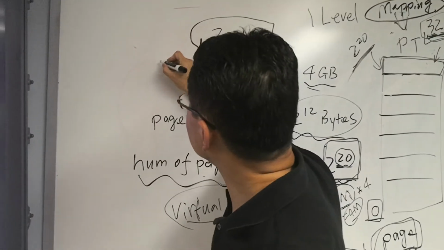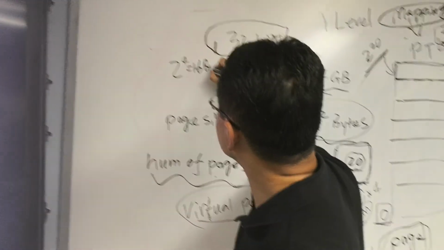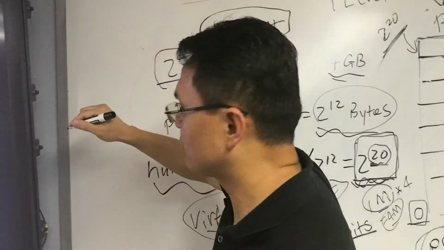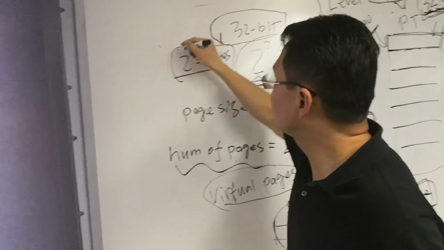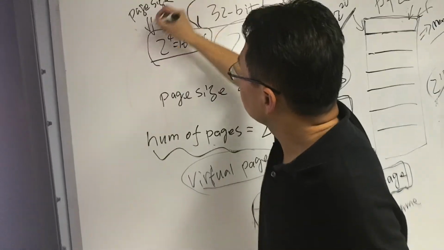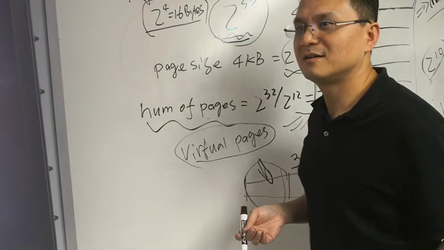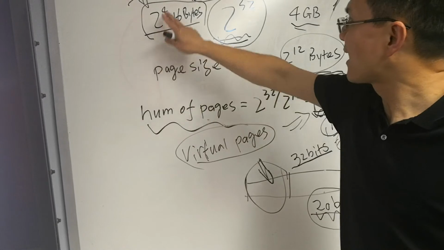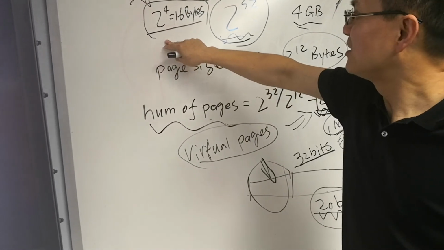So you can set up a very small page. Let's say you set up a very small page as 2 to the 4, 16 bytes. That means the total bits for representing your virtual pages would be what? If this is the page size, what's the total number of pages?